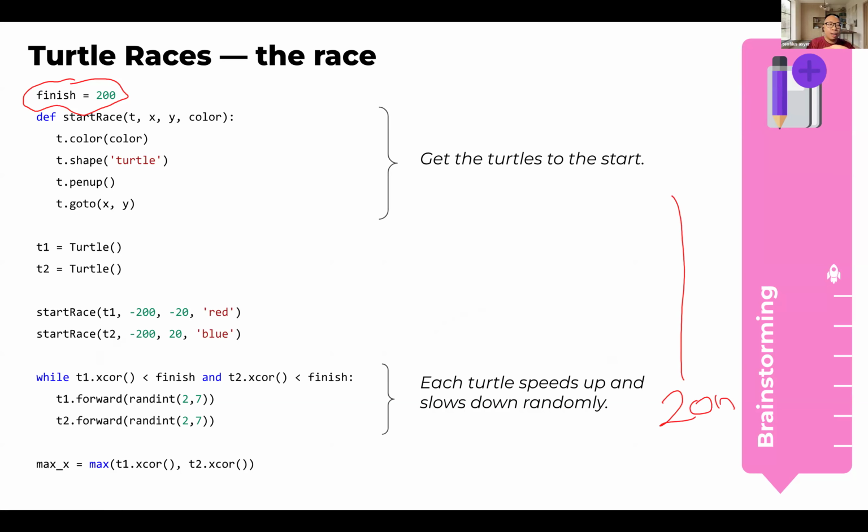And then it's followed by the custom function for starting the race for your participants. Here, you have to mention the t. The t is the object. You have to mention that, and also the coordinates x and y, and also the color. These are the features that you're going to assign to your custom function. The color is going to look like this because you just assign it. So just do it like this. You get it?